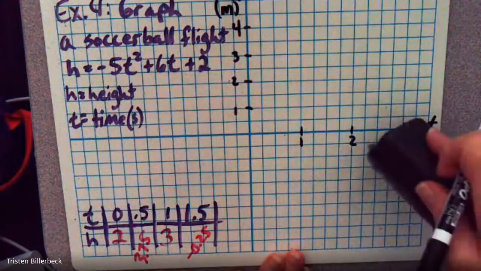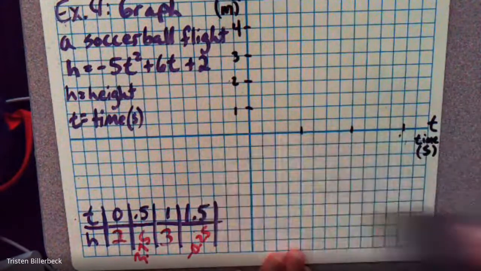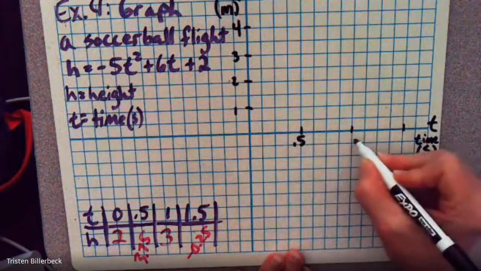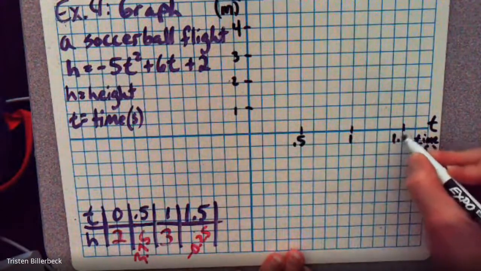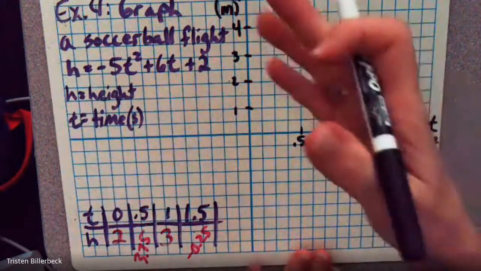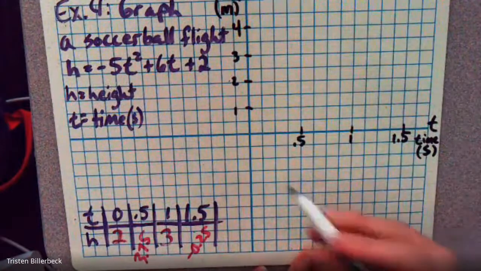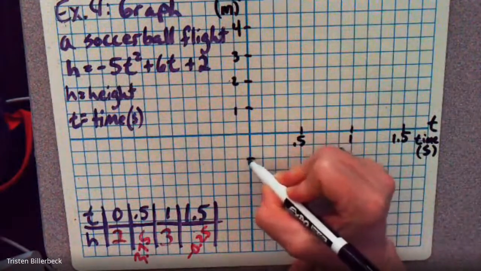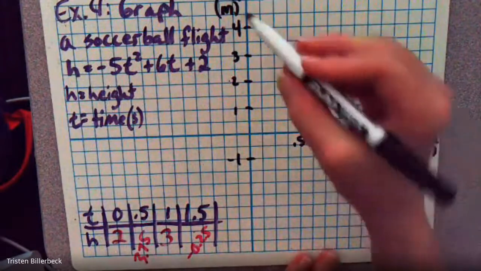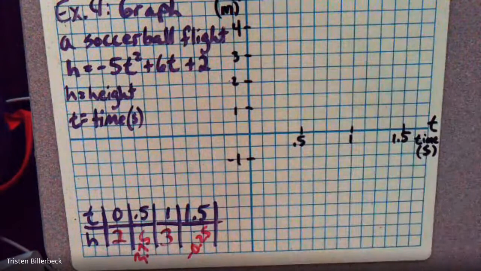So let's do 0.5, 1, and 1.5. Okay, so we're stretching it out so we get a really good idea where it's going to hit on the y-axis. And we do have to go down below because it went down below. Okay. All right, so let's graph.